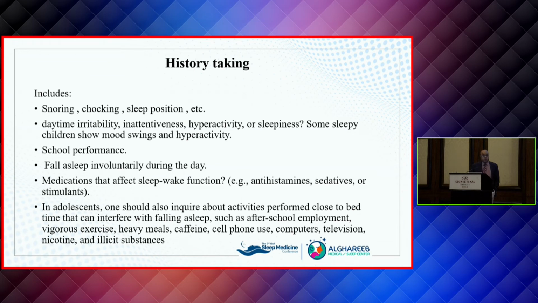The history can include all these things: snoring, choking, sleep position, daytime irritability, low focusing, sleepy children, mood swings, hyperactivity, low school performance, fighting with the kids at school, and falling asleep involuntarily during the day. We have to ask about medication.